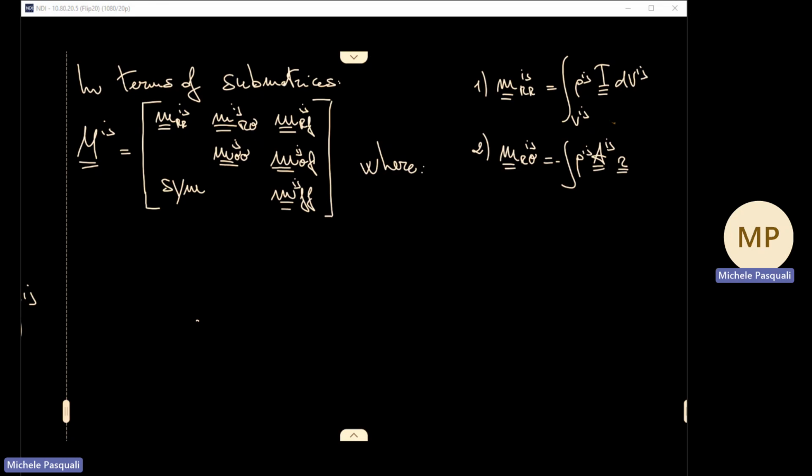Okay, it's the same concept, and as in the case of mode shapes, it's key to understand if your formulation is correct or not, and if it makes sense or not. Okay, let's keep going.